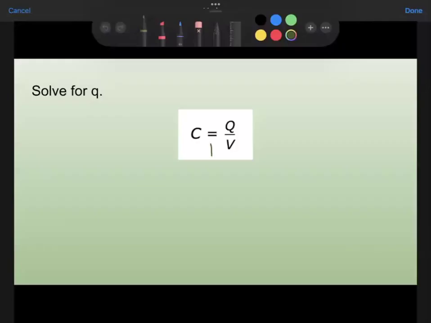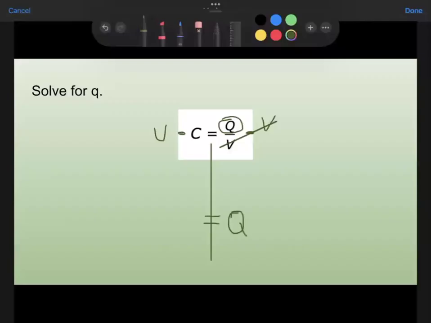Again, I'm going to put the two sides to this equation. We are solving for Q, so I'm going to circle Q. Right now, Q is being divided by V, so the opposite of dividing by V would be multiplying by V. I'm going to multiply this times V and this times V. These two V's on the right will cancel out because V divided by V is 1 and 1 times Q is just Q. So we've got Q over here.